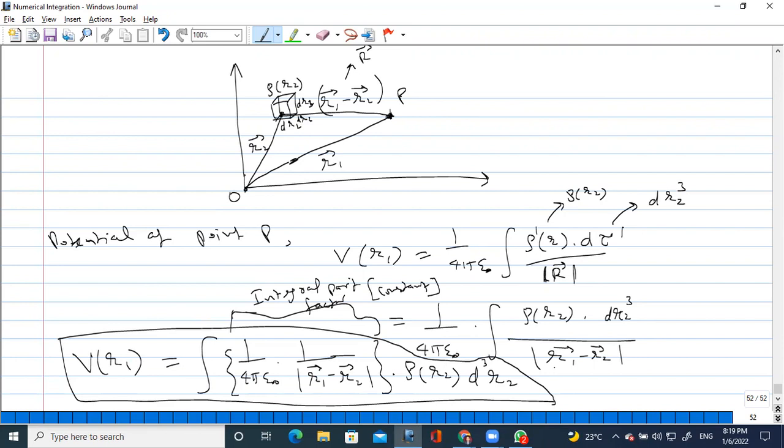No, for a particular point, from here to here, that distance is this R. So that distance I am taking.